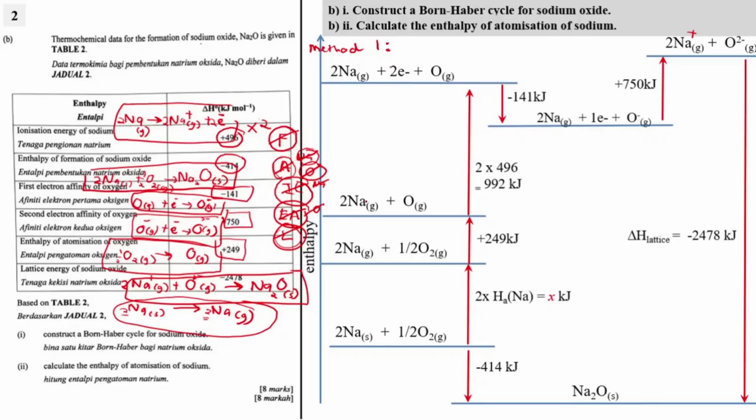Similar goes to our ionization energy here. If you look back, 2Na gas becomes 2Na plus gaseous, so don't forget the positive sign here, and also the positive sign here, and here. Okay, this is method number 1 to make the Born-Haber cycle. From your understanding here, you can also do method number 2 on the next page.